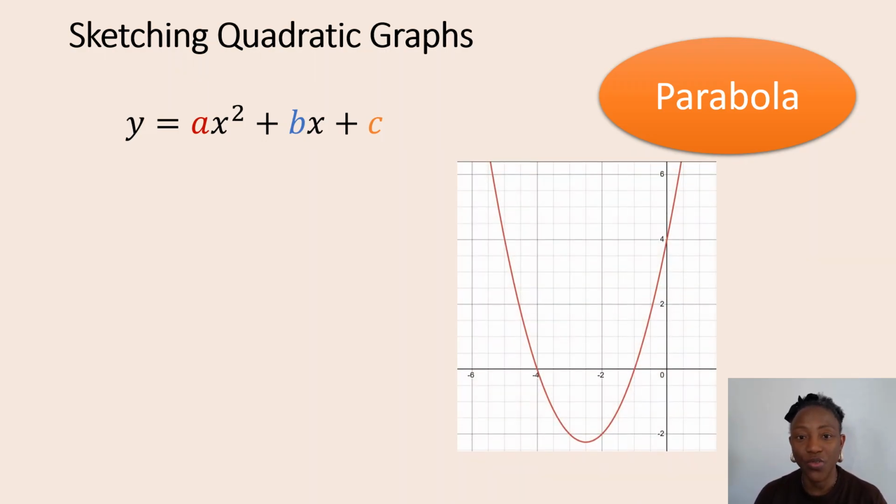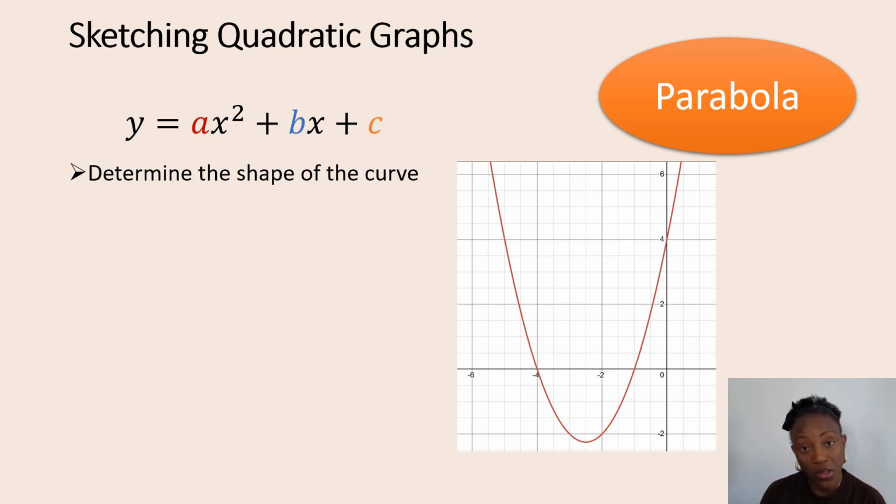All right, so on the screen here we have a parabola, and so you're expecting this, but there are some other things that are quite important to be able to get this sketch properly. Okay, the very first thing you need to consider is to make sure you determine the shape of the curve. Yes, it is a parabola, but sometimes it's smiling or it could be frowning.